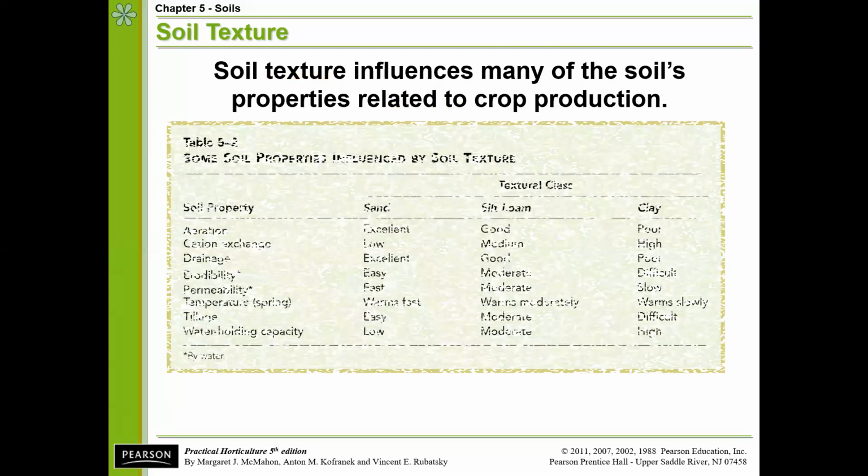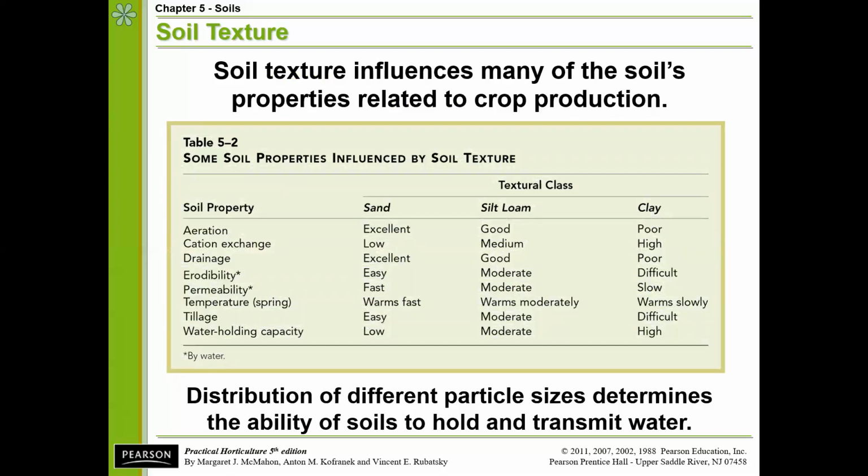We're out of time, so I'll come back to this on Wednesday. But for now, I'll be thinking of sand, silt, and clay and the different properties that they bestow upon a soil. So, anybody have any questions or comments, concerns?